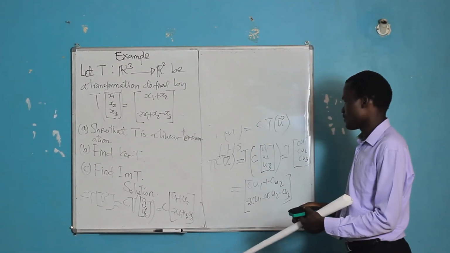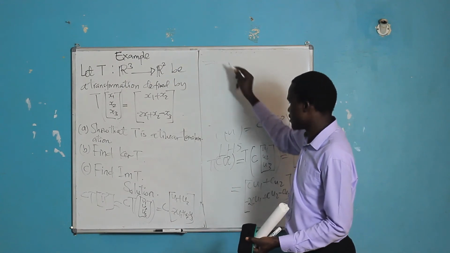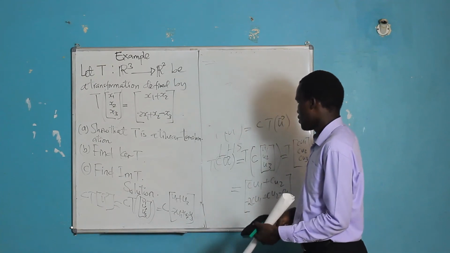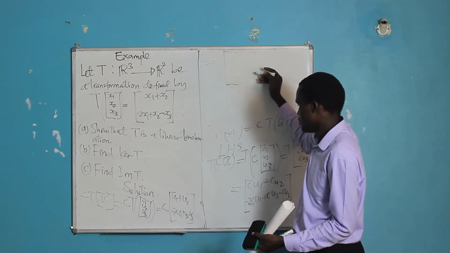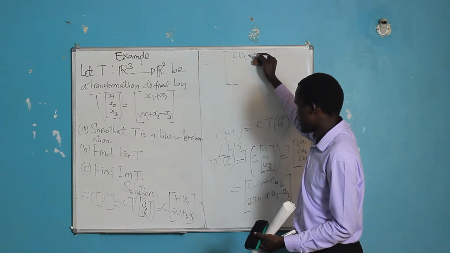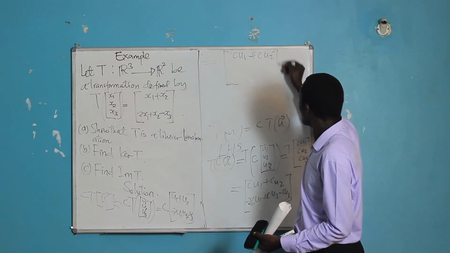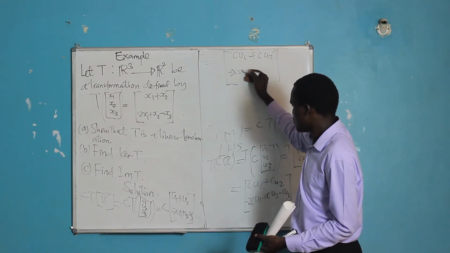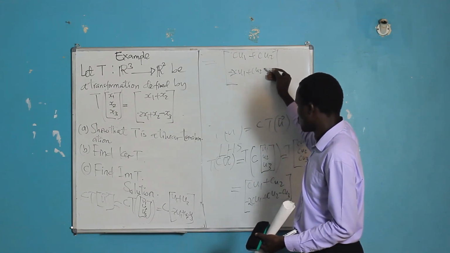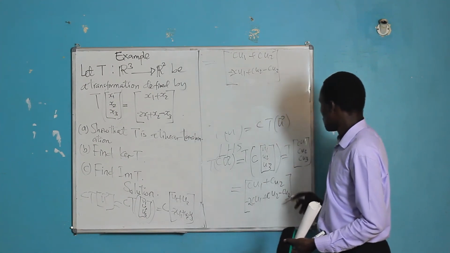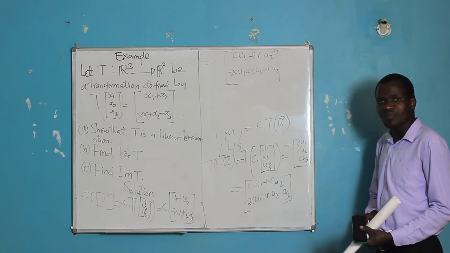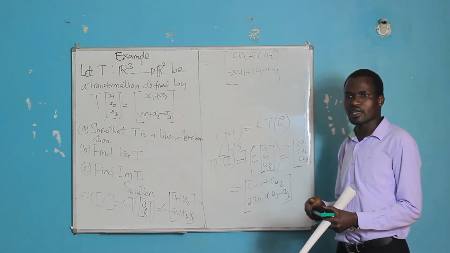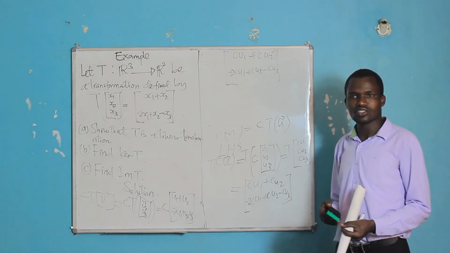If you multiply C inside here, you get that this is C U1 plus C U2, and multiplying C down here, it is negative 2 C U1 plus C U2 minus C U3, which is the same as this one. And therefore, since the two axioms are satisfied, this is a linear transformation.